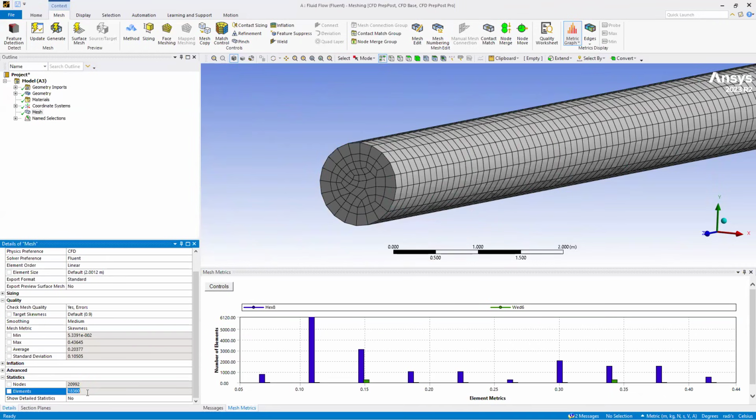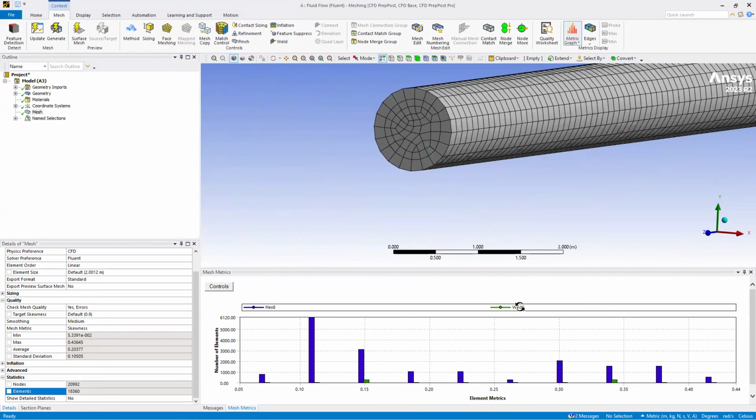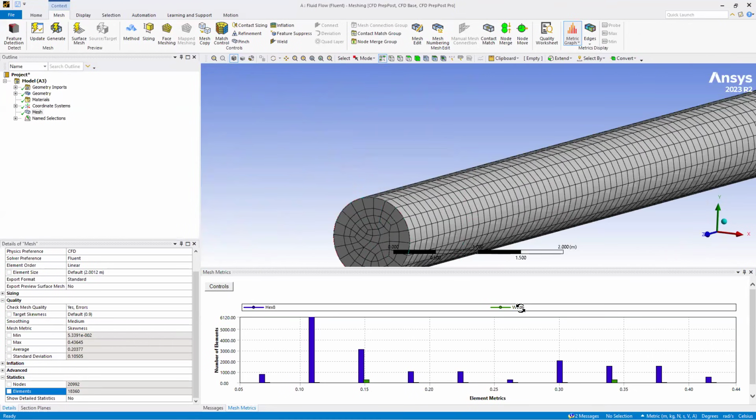So there are 18,360 elements, and all elements are showing the wedge 6. The wedge 6 is a prism. Not all, very few are prisms, and the majority is the hex 8. So hex 8 is defining the number of the vertices.